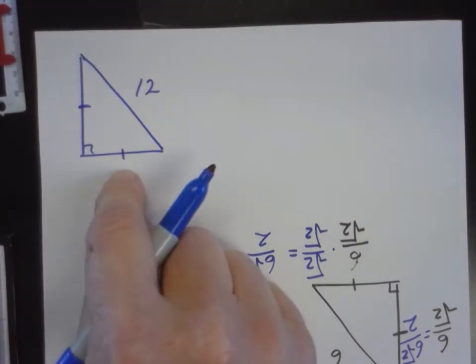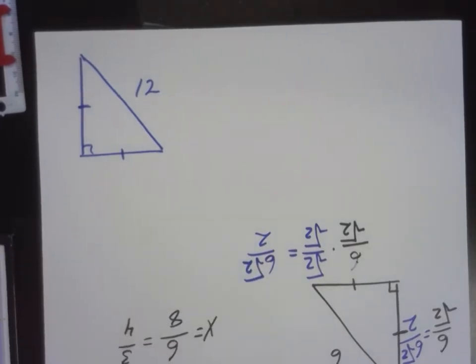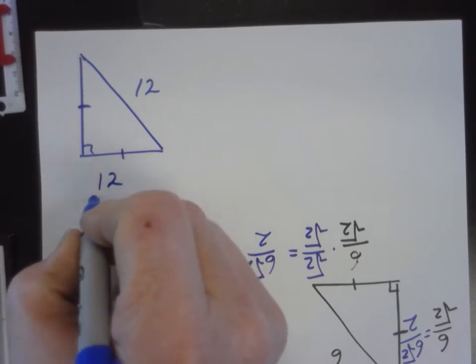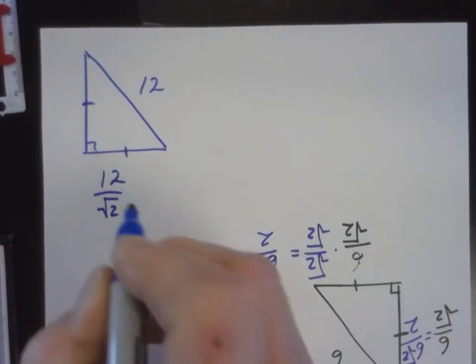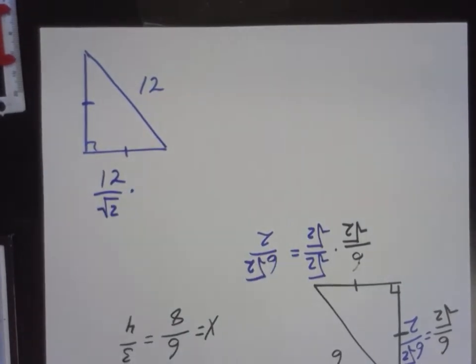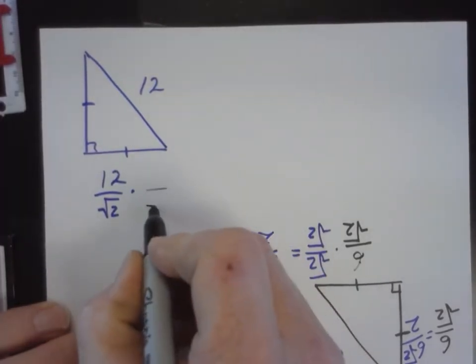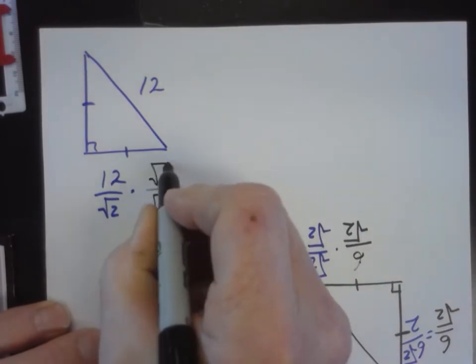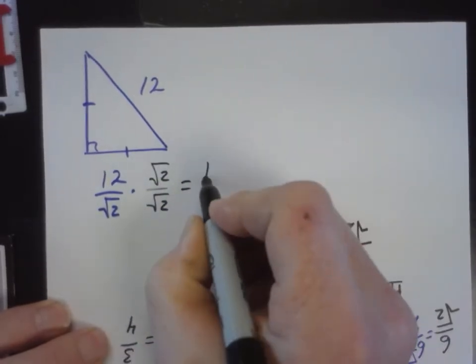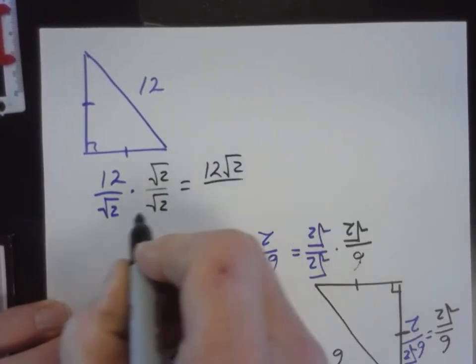Don't go all the way. Just tell me the basic one. Okay. 12 over radical 2. Okay, are we going to leave the answer like that? No. We're going to multiply the bottom of the fraction by radical 2. We're going to multiply the top of the fraction by radical 2. And we get 12 radical 2 over what?